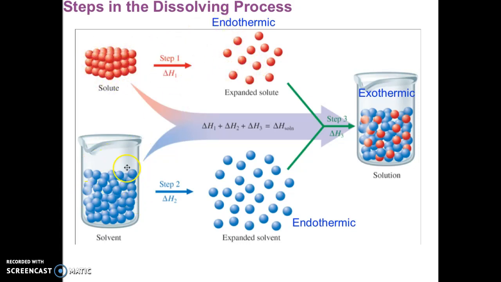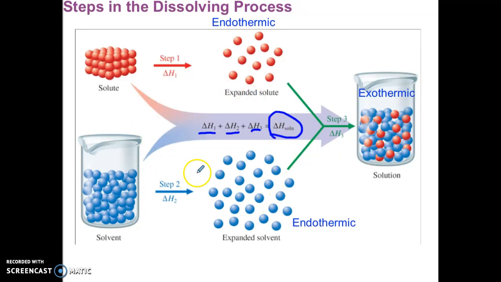You also have to put energy in to expand the solvent. Both of those would be endothermic processes, and they would be represented here by ΔH1 and ΔH2. Mixing them would also be a process. In this case, it happens to be exothermic. But all of these three components make up the ΔH of solution.